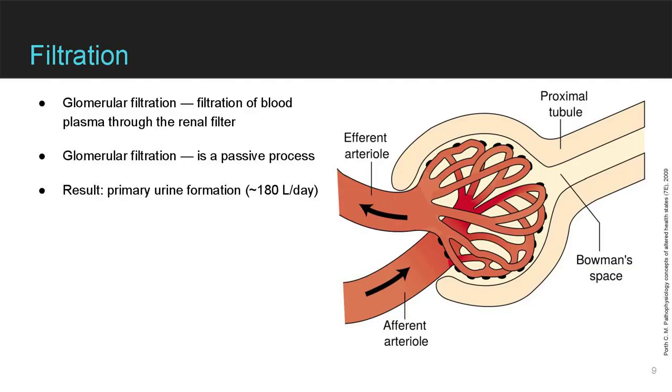Urine formation. Here you can see afferent and efferent arteriole, Bowman's space, proximal tubule. And the main way of production of primary urine is the glomerular filtration here.